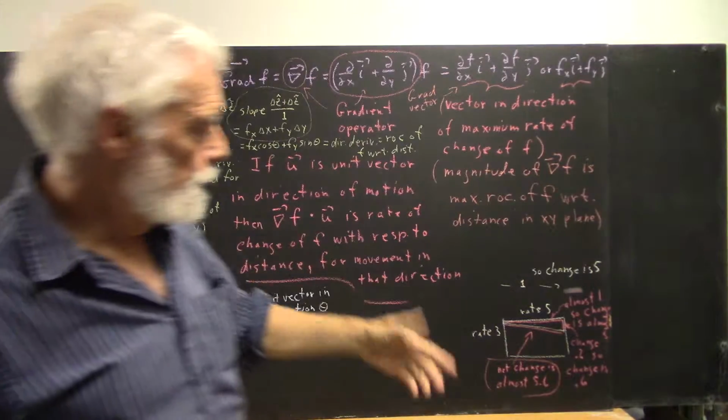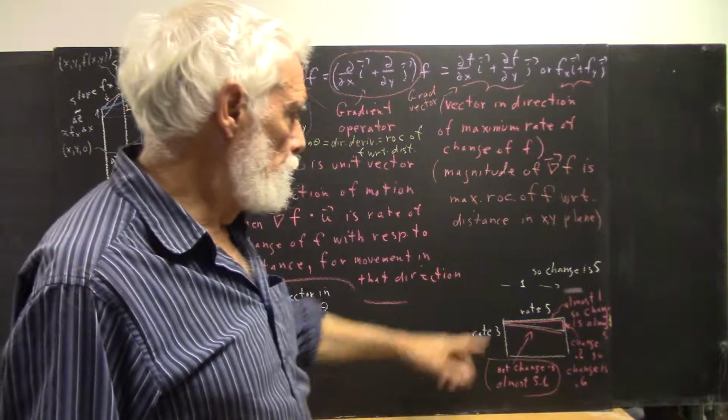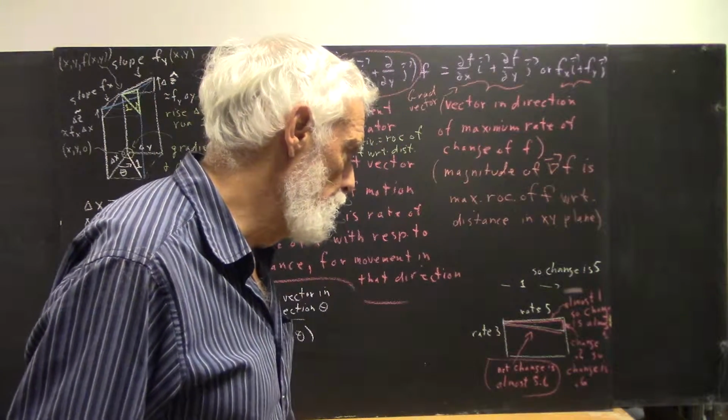Okay, and that's what I'm depicting here. So here's our y direction, let's say, and here's our x direction. And the rate of change in the y direction is, let's say, 5. The rate of change in the x direction is, let's say, 3.